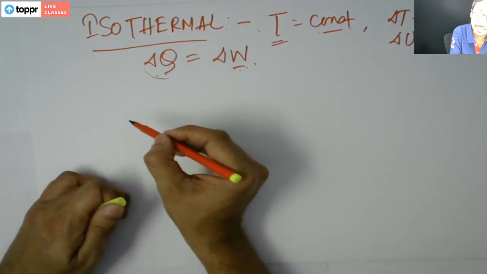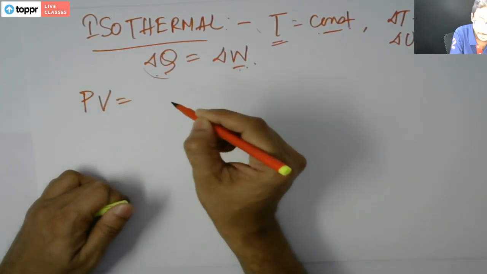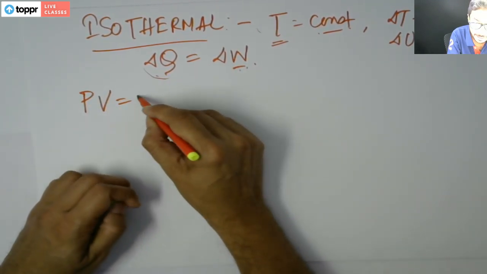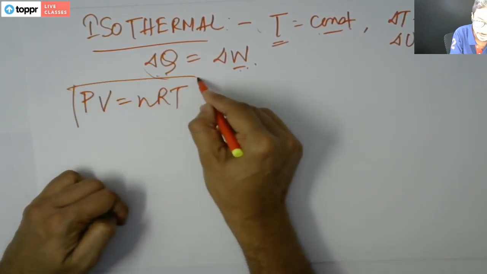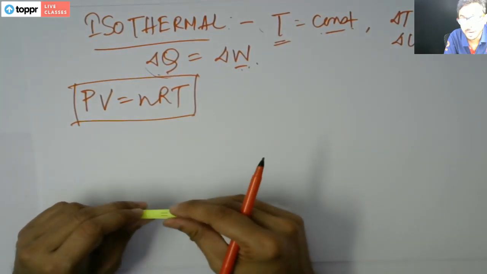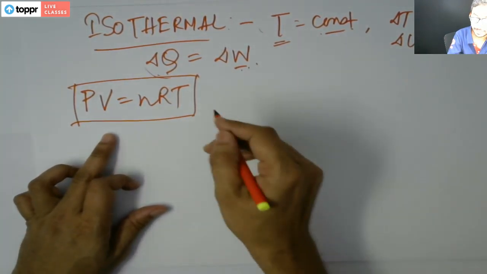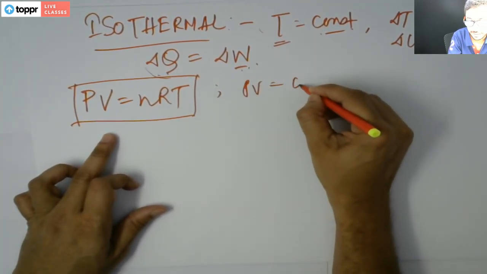See, in an ideal gas, PV equals nRT, it follows the ideal gas law. When temperature is constant, PV is constant.